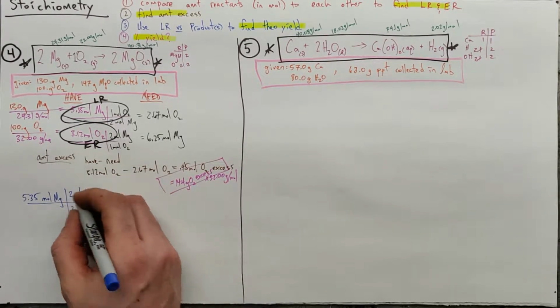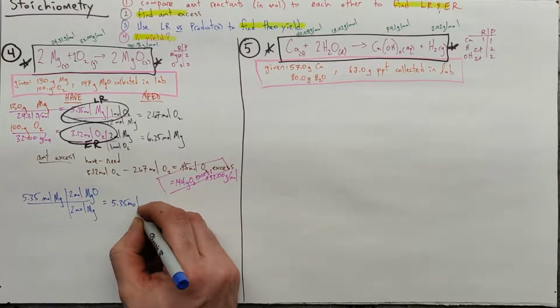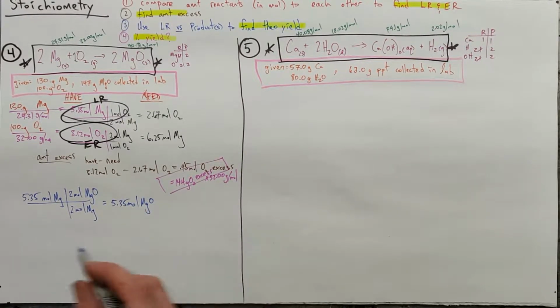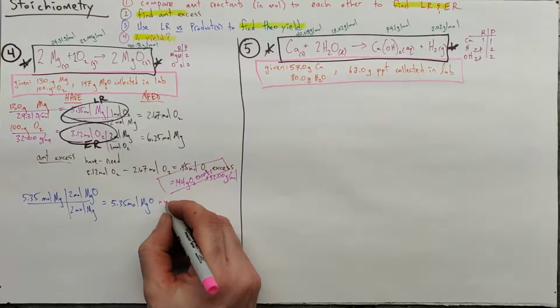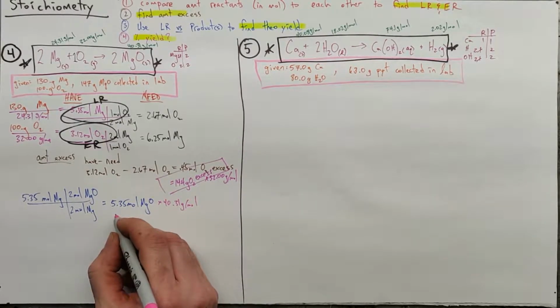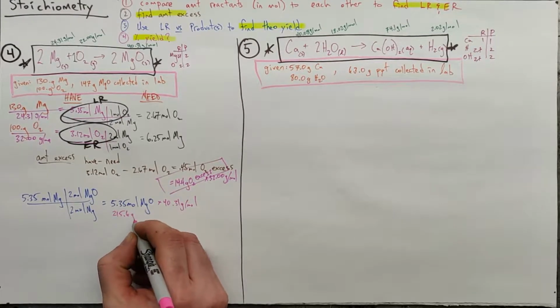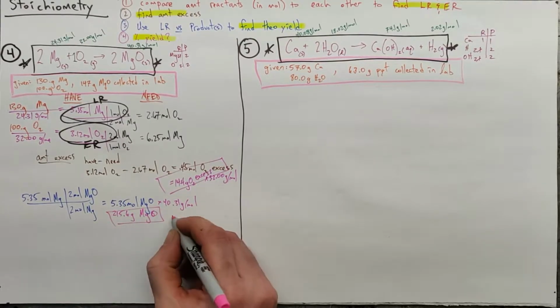Unsurprisingly, 5.35 times 2 divided by 2, 5.35 moles of MgO is our theoretical yield, right? That's moles. In lab we might be measuring in grams, so it might be useful to turn that into grams by multiplying by the molar mass, 40.31 grams per mole. And we'll end up with 215.6 grams of MgO. That is our theoretical yield.